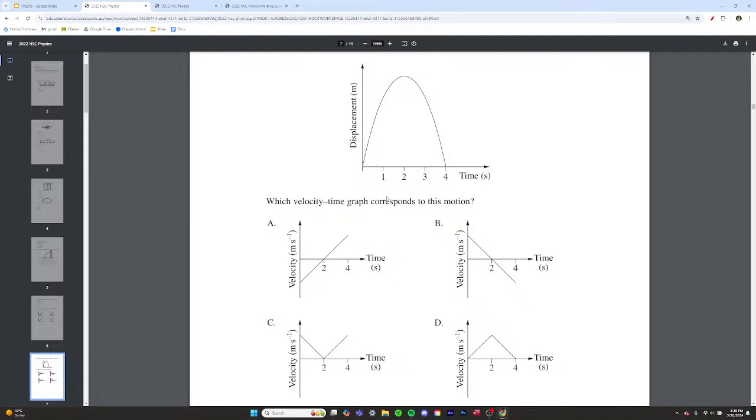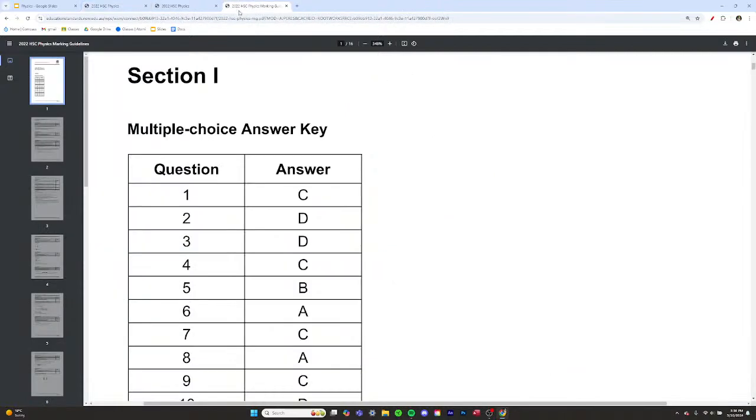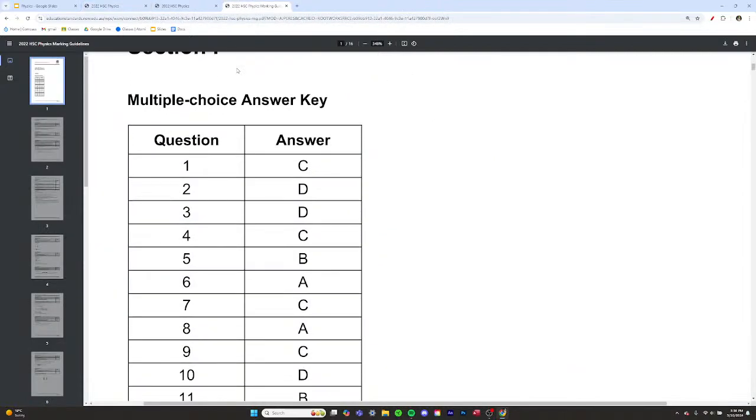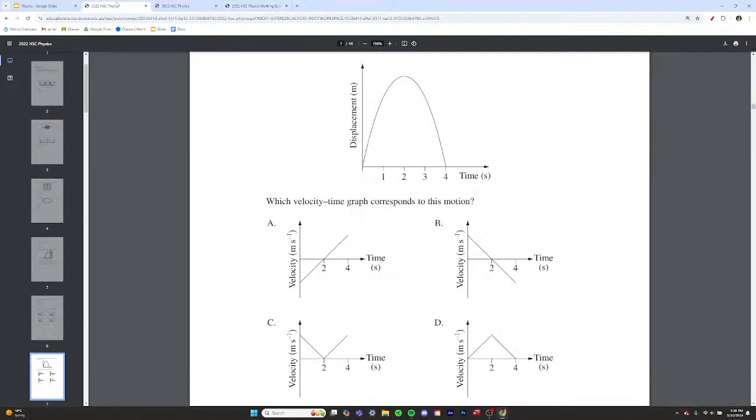Hold the phone. It's either B or C, because it's not A, it's not D, it doesn't increase. I'm gonna go with B. Yes, it is B, because it's just the derivative.